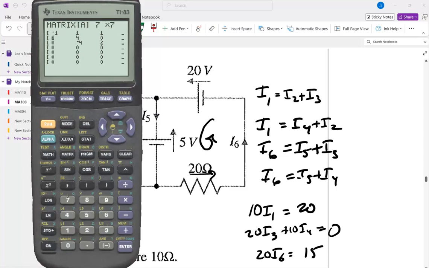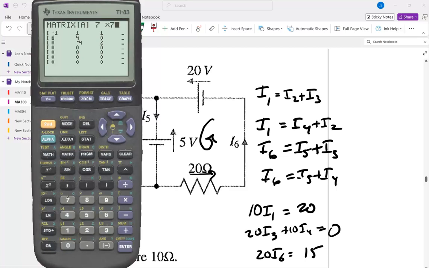Here's also a little quirk with your TIs, which is a pain in the butt, but we have to work around it. If you have a matrix with more rows than columns, the algorithm they use for the calculators to do your row reduction doesn't work. It'll give you an error. Okay? So right now we have the same number, so we're okay.